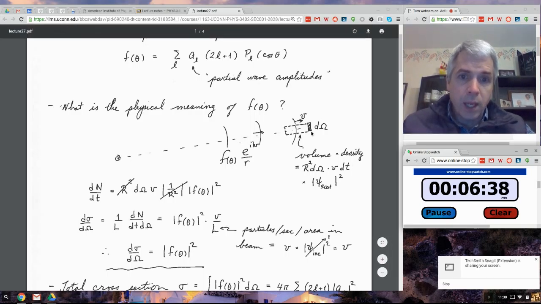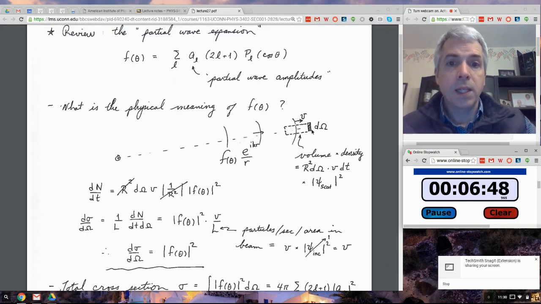We're first going to say how much volume represents the total number of particles that are going to pass through the detector in an amount of time dt.